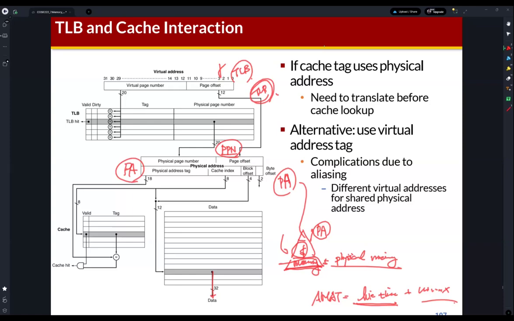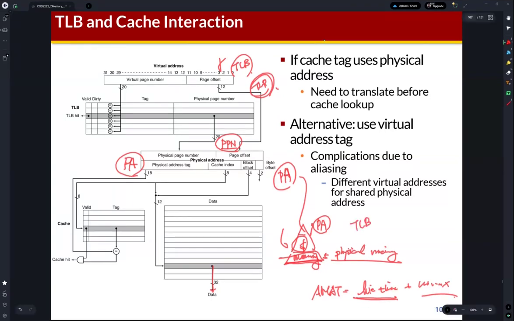So the TLB access latency, or TLB access cycles, needs to be included in this hit time, which means the hit time is increased. So this is not good, right? This is not good for the performance.